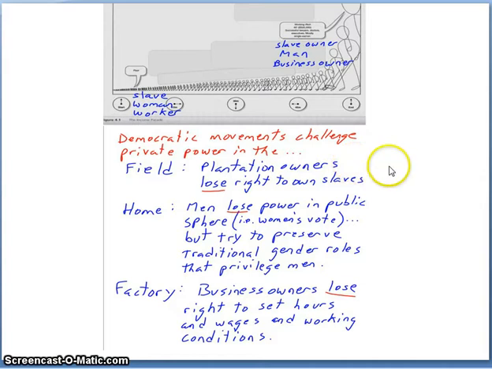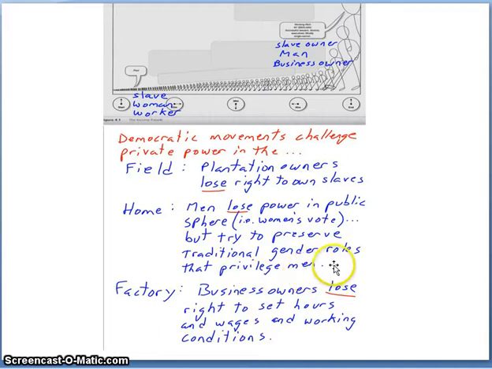In the home, men lose power in the public sphere, because women having the vote dilutes their power to decide issues in the political sphere. But of course, they try to preserve the traditional gender roles in the home that privilege men.